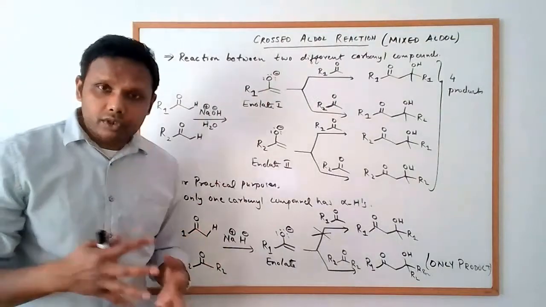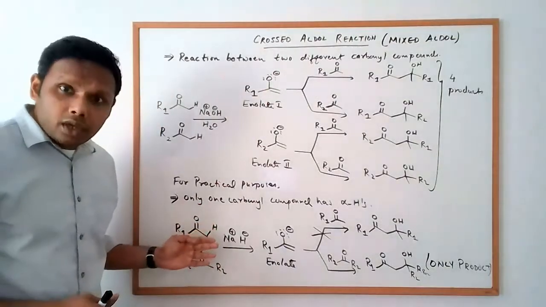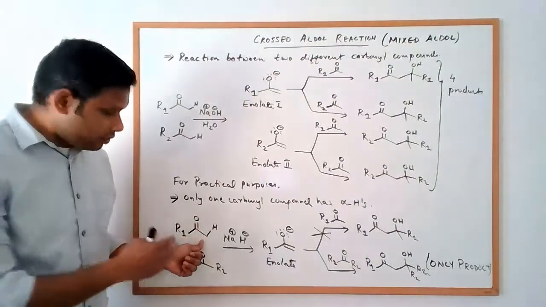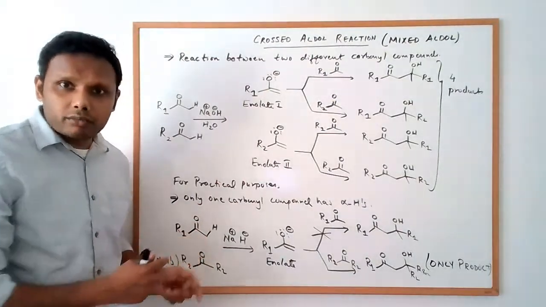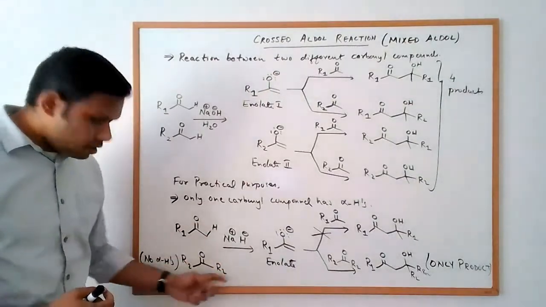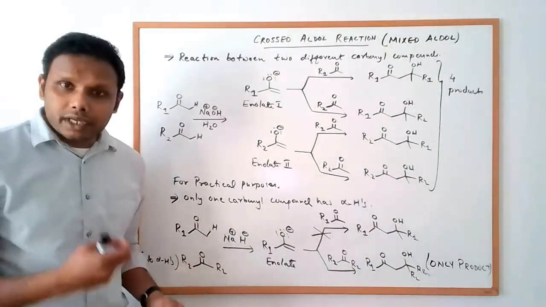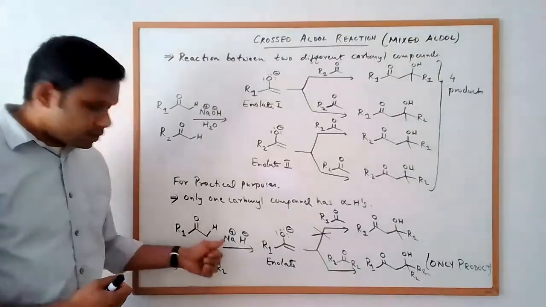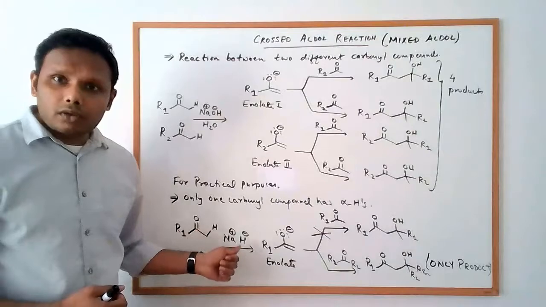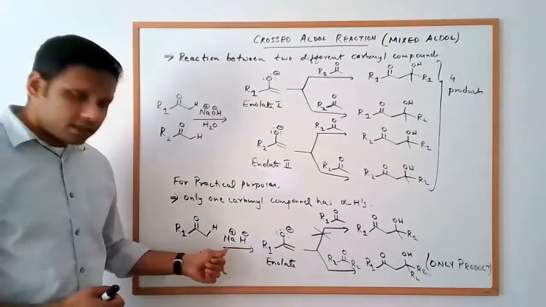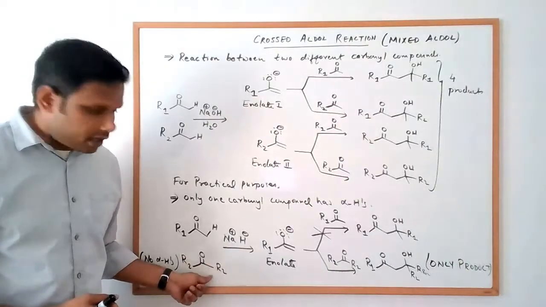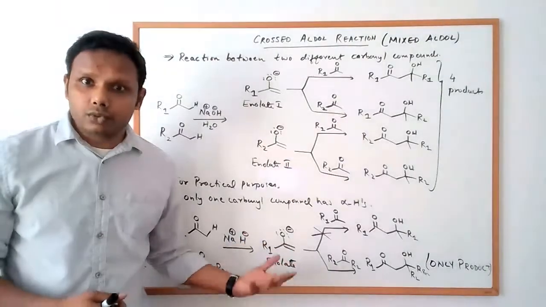Well, there are two things that we're doing. First, we want only one of the carbonyl compounds to have an alpha hydrogen in it. We want the second carbonyl compound without any alpha hydrogens. And secondly, we use a strong base, because if our second carbonyl compound also has alpha hydrogens, then we will still make two enolates here.